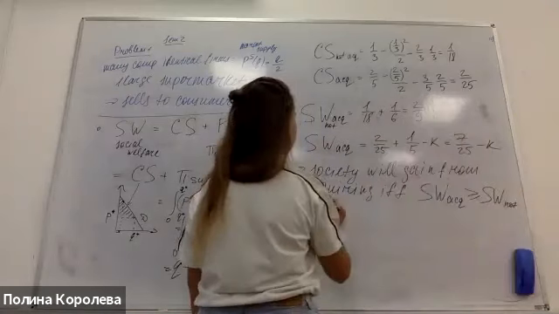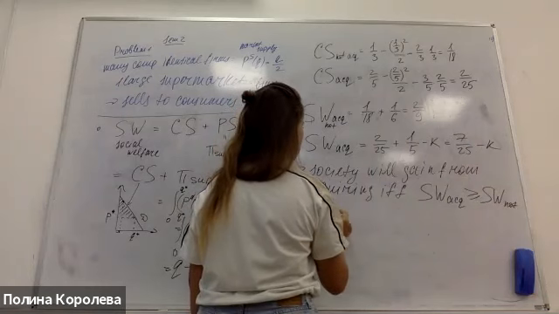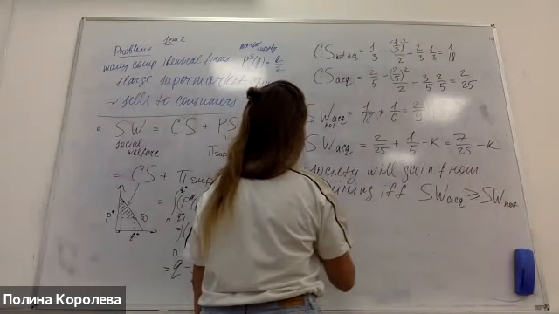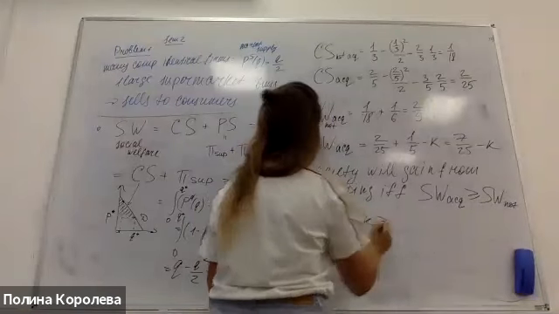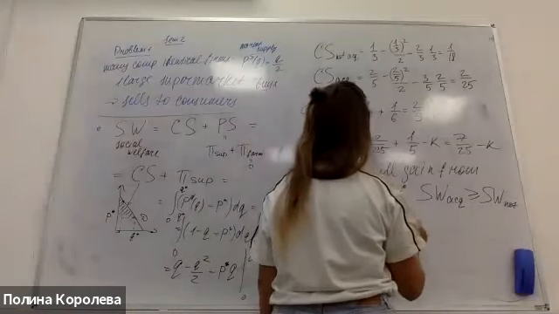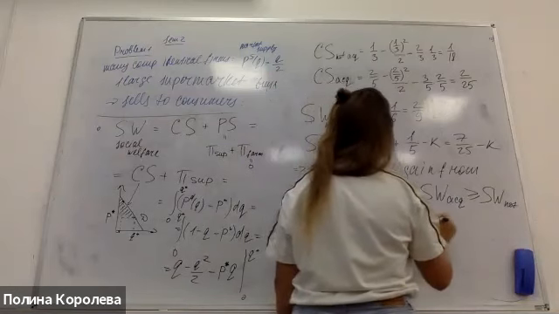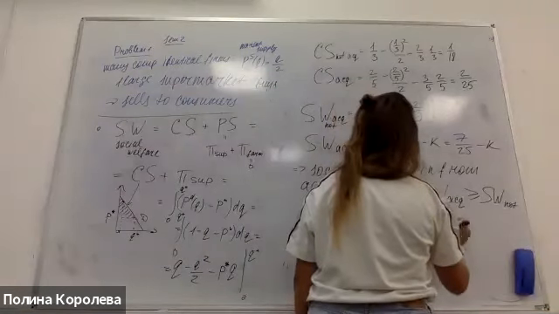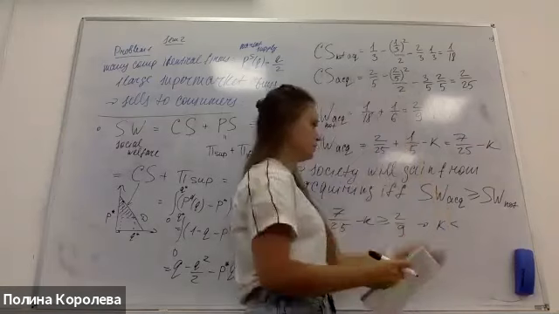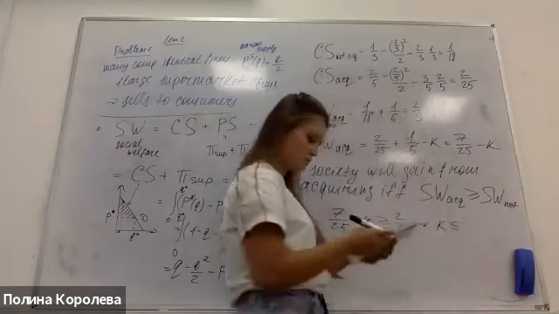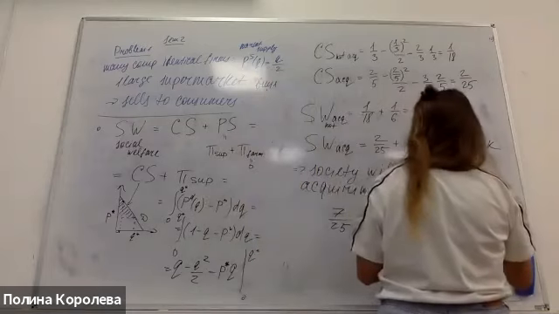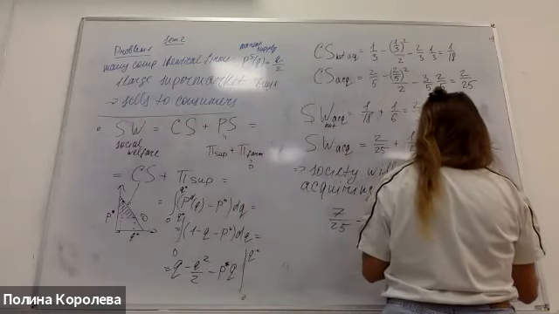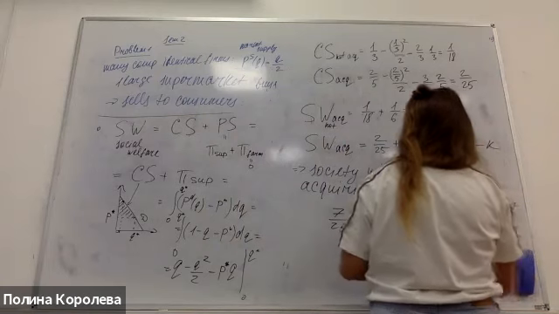And this will be 7 divided by 25 minus K greater or equal than 2 divided by 9. From here, we can say that this fee should be less or equal to 13 divided by 225.